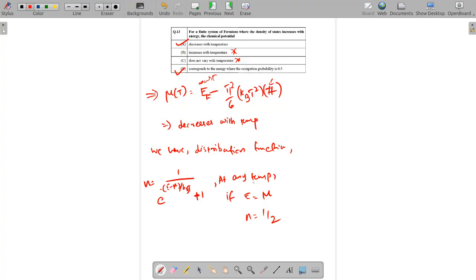E raised to 0 is 1. So n of E equals mu is half for any temperature. This is true. So that's why option D, the chemical potential corresponds to the energy where the occupation probability is always half. So that is also true. Okay. So A and D are correct.